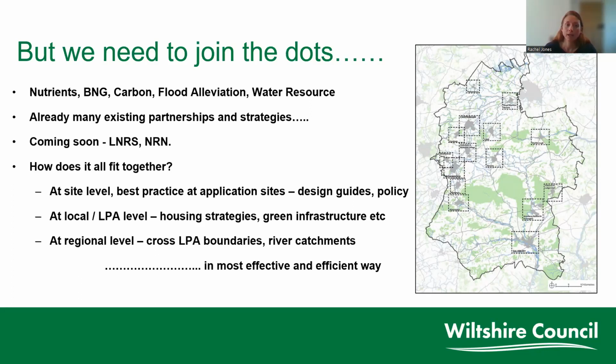But I think the key thing for environmental planning is looking across LPA boundaries, at that regional level. Most of the river catchments are more than one local planning authority, so we need a more regional scale of planning to help deliver collaboration across local planning authority boundaries. And we need to do that in the most effective and efficient way, given everyone's resource constraints as well.